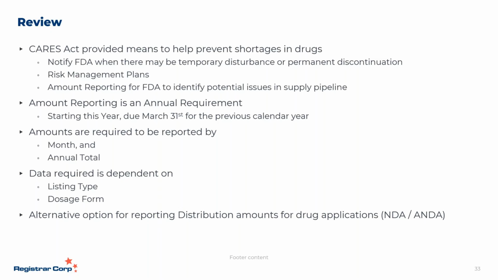The type of data that will be filed is dependent on the listing type and dosage form for the drugs, not in finished package form. For products that are marketed under an application type, you can use this reporting as an alternate means to file distribution data that would otherwise be included in the annual report.